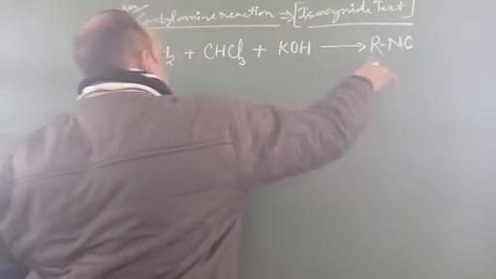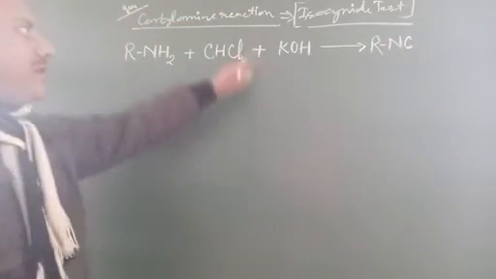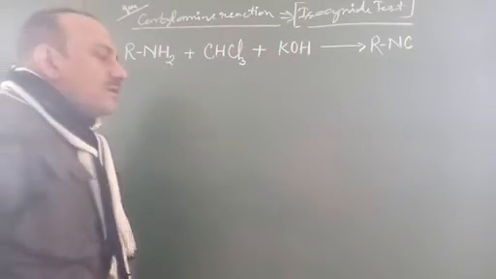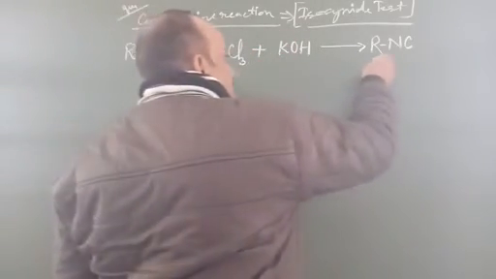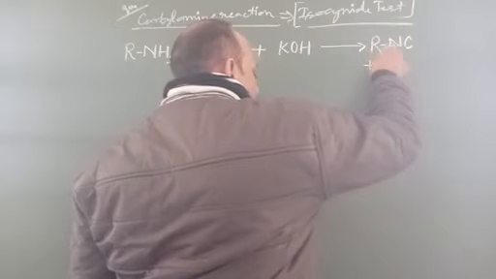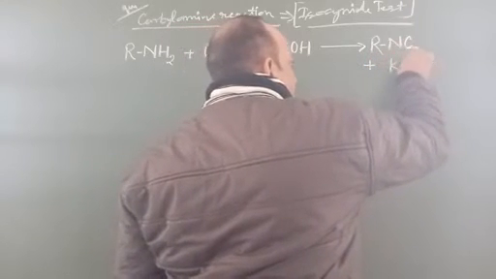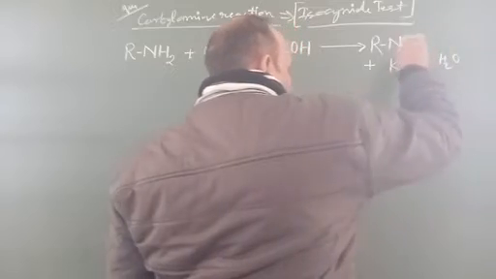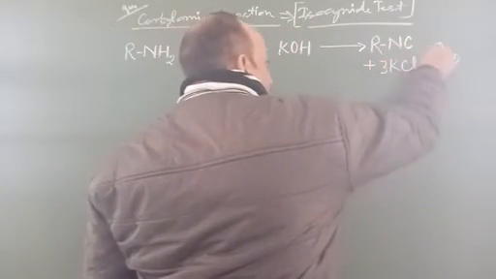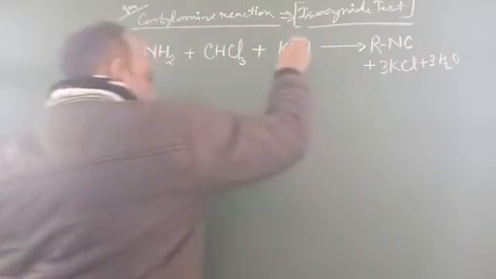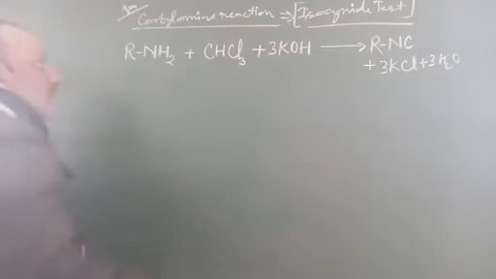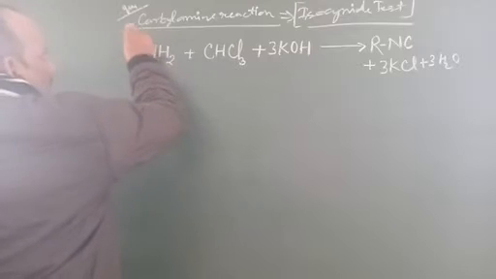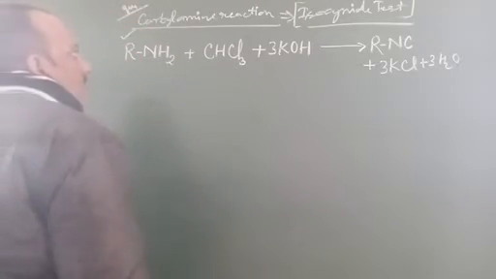So according to this product, this reaction is known as the isocyanide test, and potassium chloride KCl and water H2O are subtracted. For balancing, use 3 and 3. This reaction is the common concept of the carbylamine reaction.